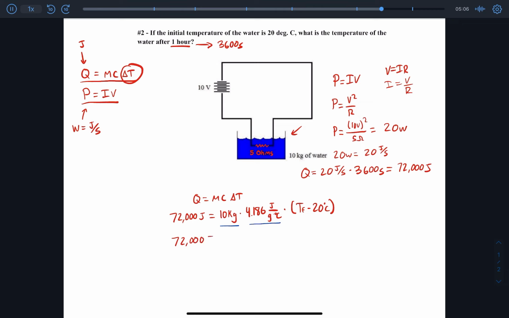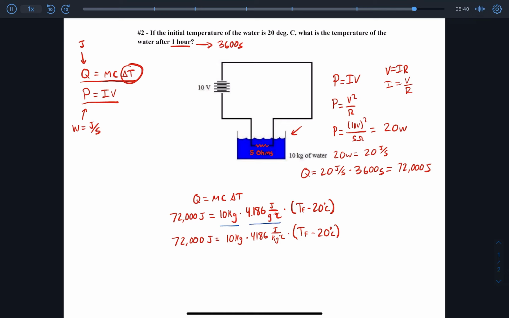So we've got the 72,000 joules equal to 10 kilograms times 4,186 joules per kilogram degrees Celsius times our change in temperature, which is TF minus TI. And the reason it went from 4.186 to 4,186 when we were going from grams to kilograms is because that unit of mass is on the denominator.